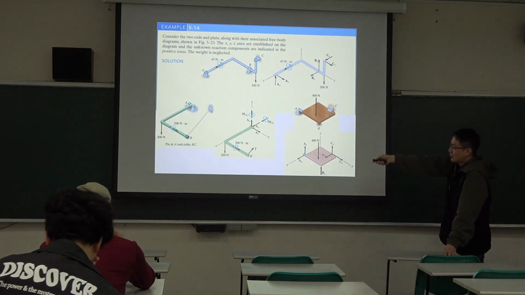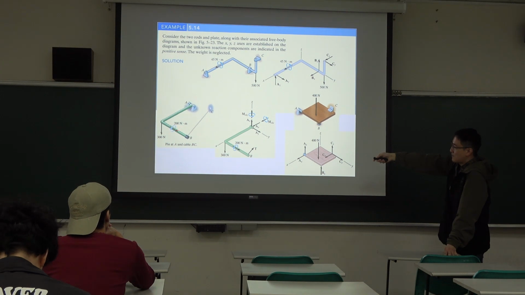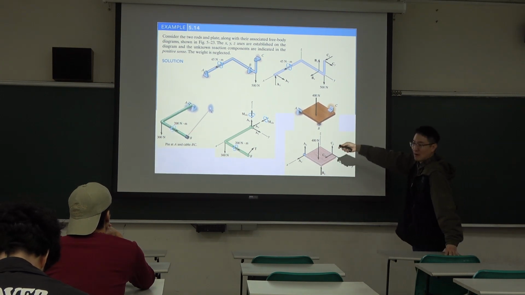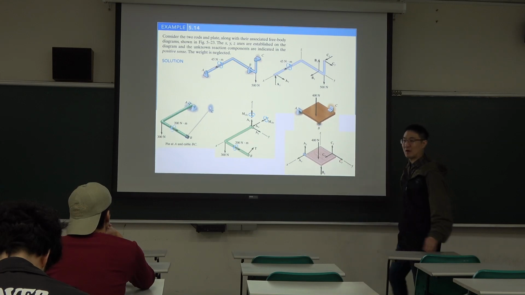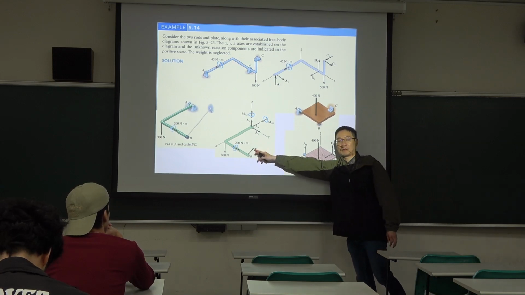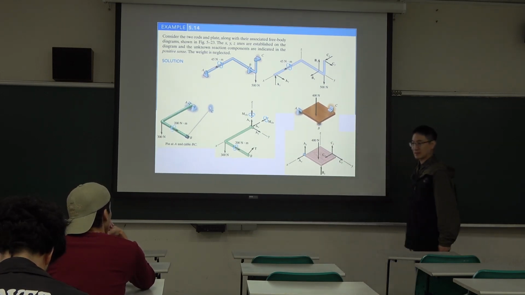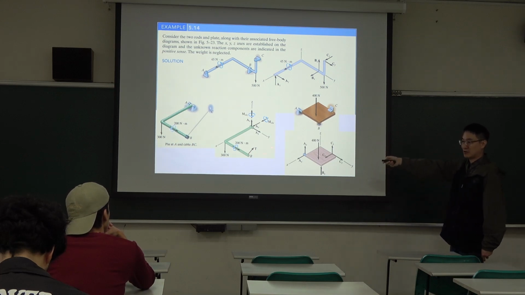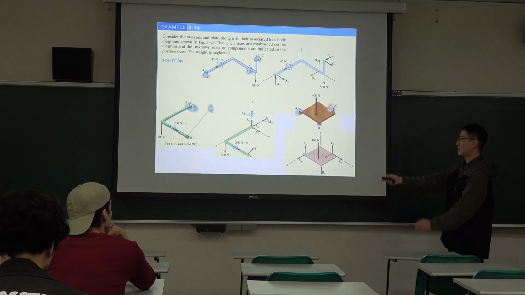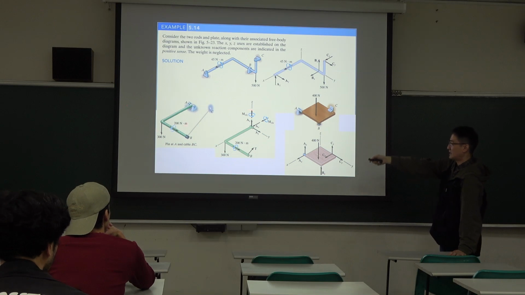And that's the original force and moment here. It's a cable connection, and a cable only provides tensile force, so tension here. So the free body diagram for this case looks like this.